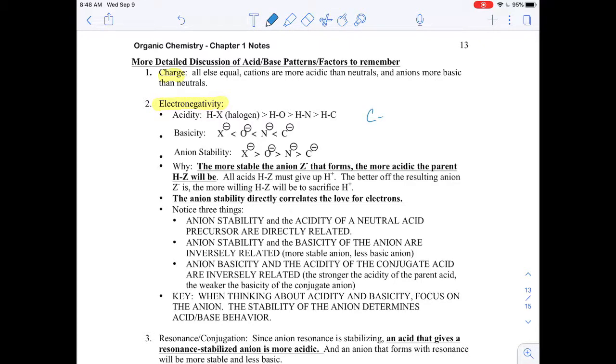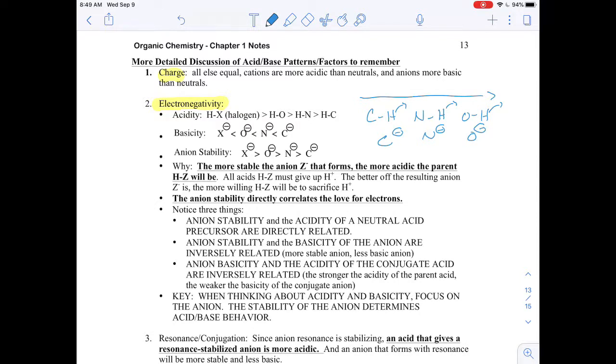If hydrogen is attached to any one of these, let's give an example. Electronegativity moves more to the right. So if all of a sudden it loses an H, acids lose H's, right? So if each of these H's leave, now I'd have a carbon with a minus, an N with a minus, and an O with a minus.